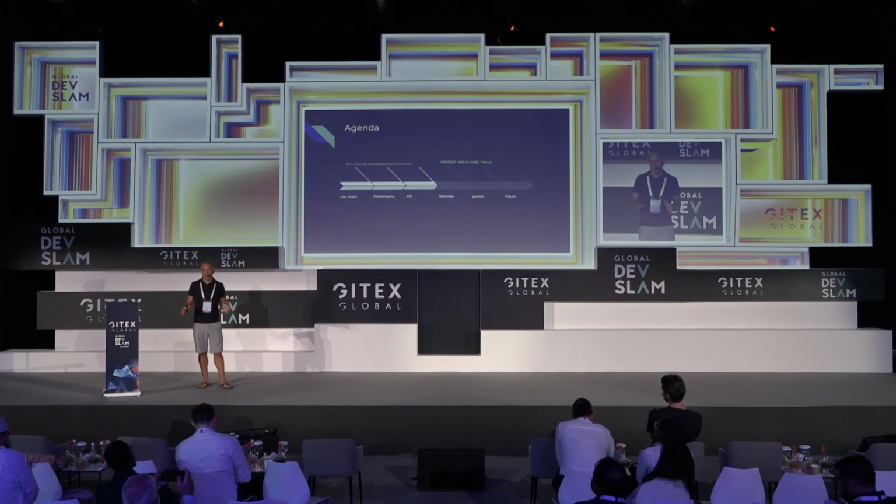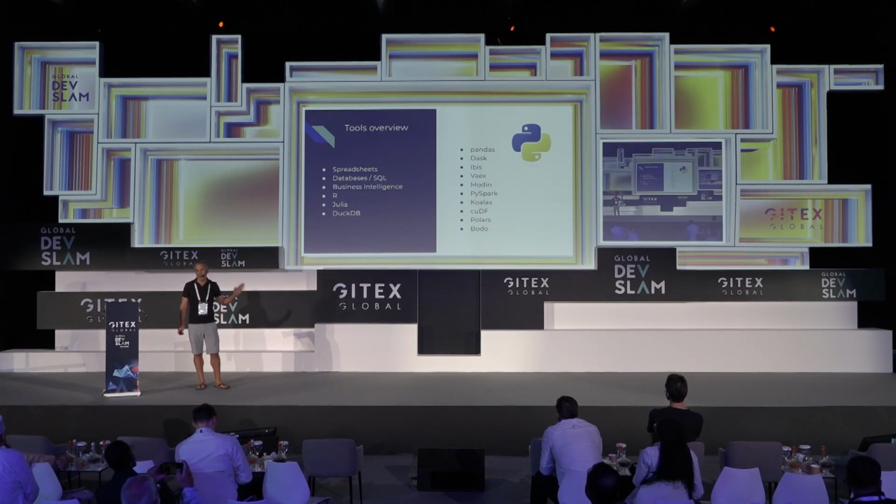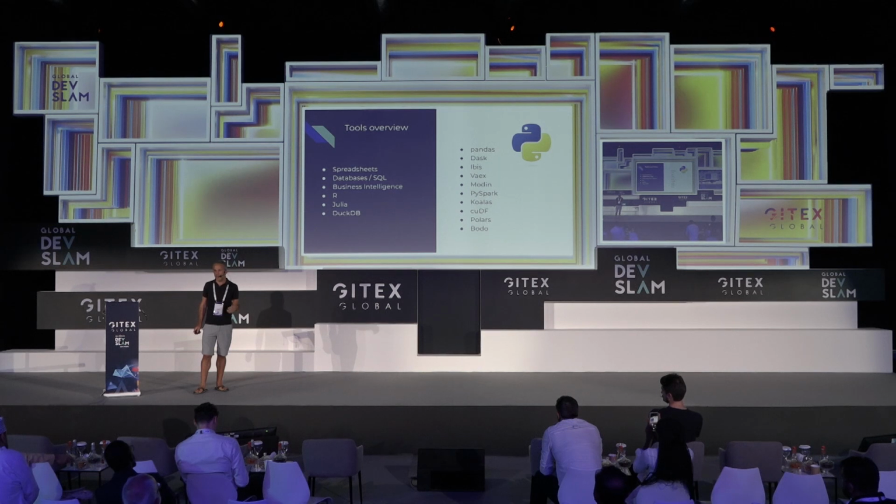So with those things in mind, the different use cases that we can have, whether performance is important and how much, and which API we want to use, we can see that there is an infinite amount of tools that you can use. On the left side, you have all the tools that are not Python or Python specific. You can use spreadsheets, as I say, for data analysis.